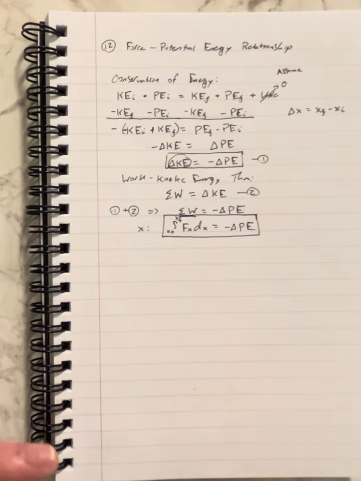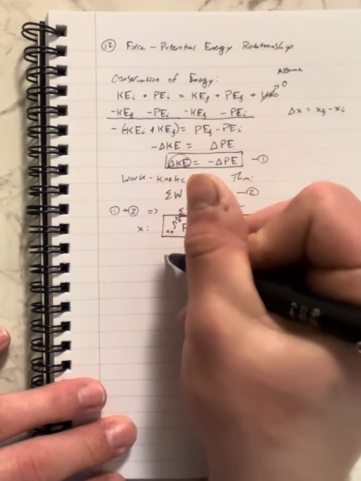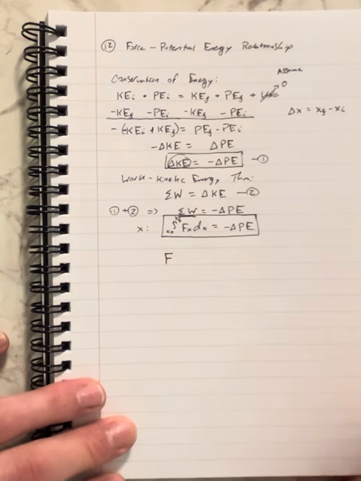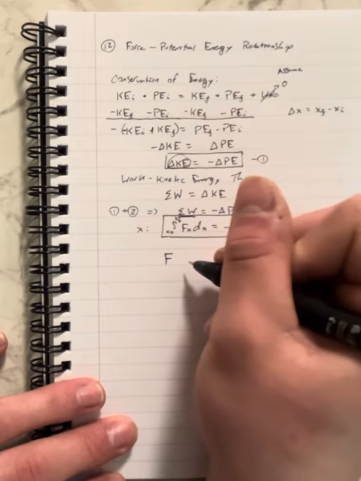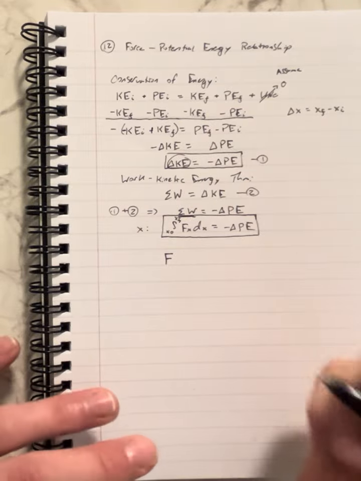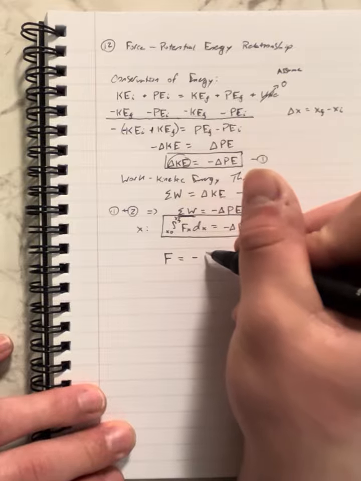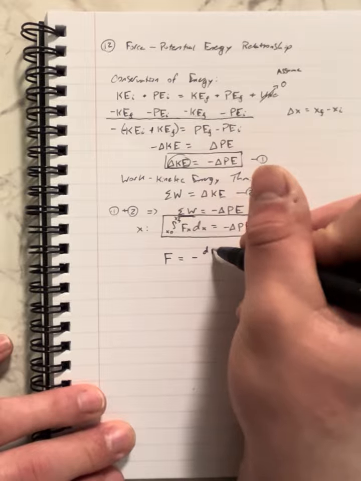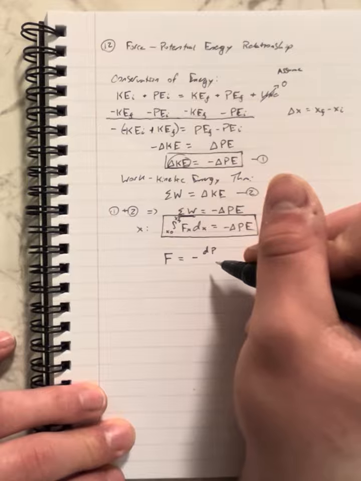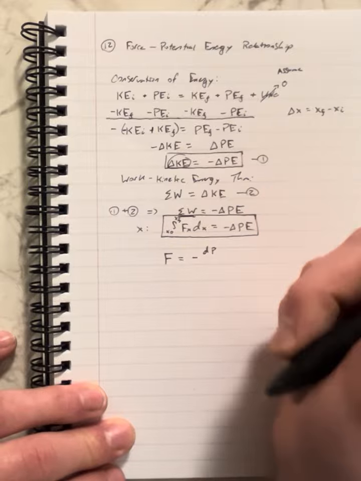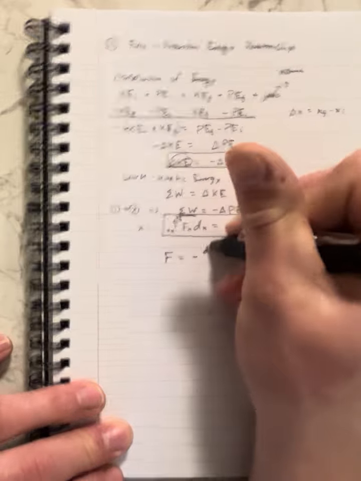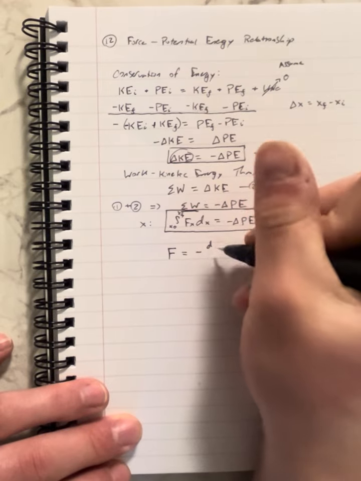More generally, the force exerted in some dimension is equal to the negative derivative. I'm going to write it with a U, because that's how your equation sheet has it.